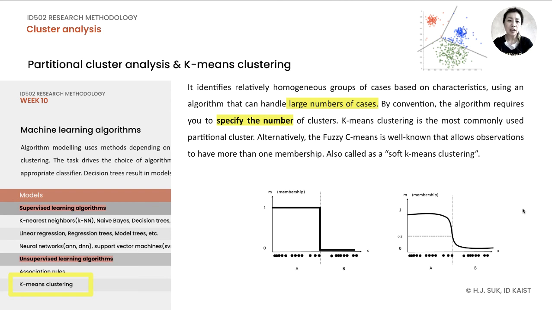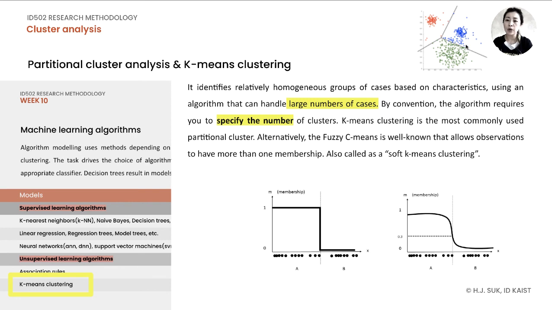And in the meantime, there are alternatives to K-means clustering. In K-means clustering, a single observation belongs to one of the clusters. But for example, fuzzy C-means allows single observations into more than one membership, so proportionally belonging to different memberships.